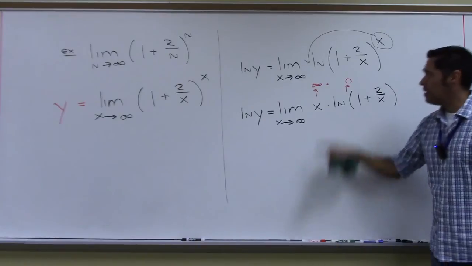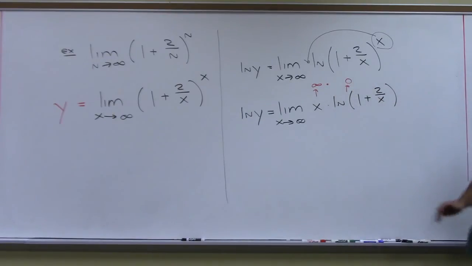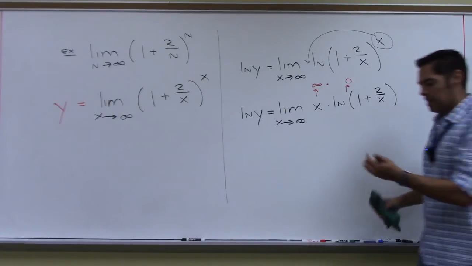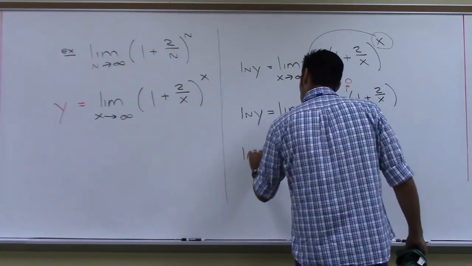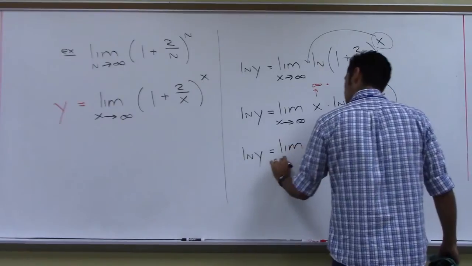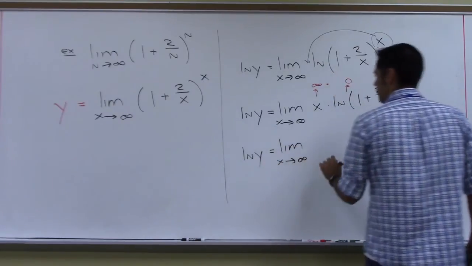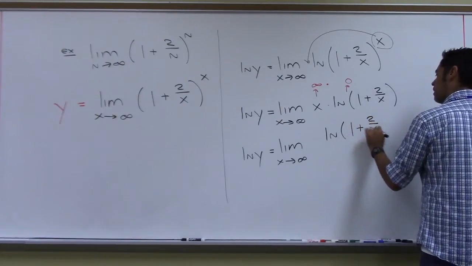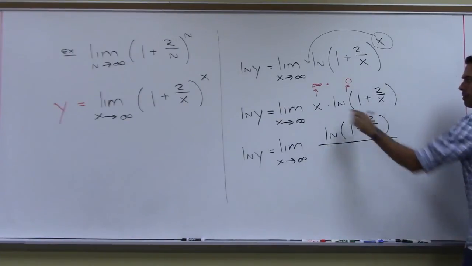But anytime we have this form in Cal 1, what we do is we pick one of these and we drop it to the bottom. So I'm going to take the x that's out front, and I'm going to drop it to the bottom.